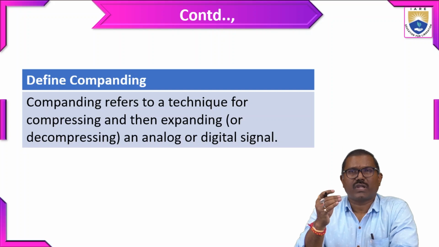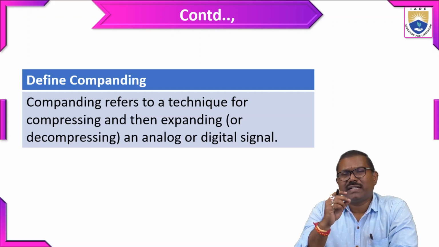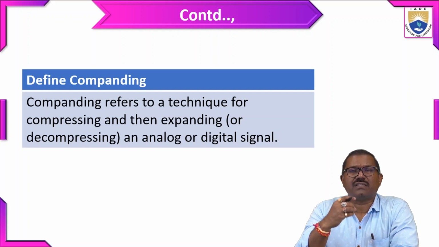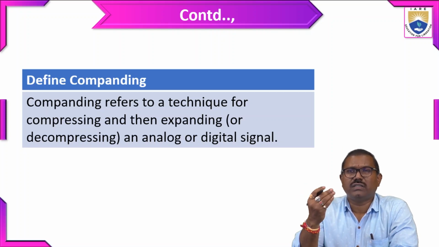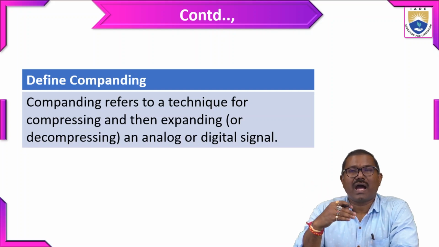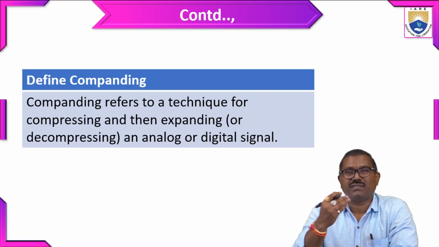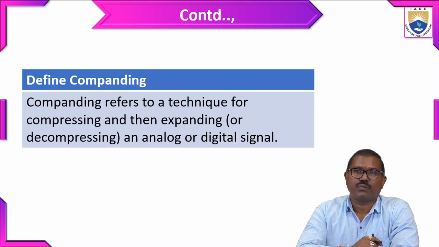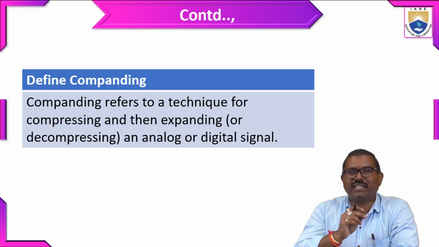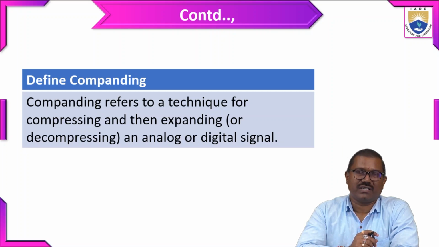At that time, uniform quantization is not useful. Why? The step size is fixed, the levels are uniformly spaced. So you can't catch the high or loud passages and, at the same time, the weak passages also. So for that application, we go for non-uniform quantization.